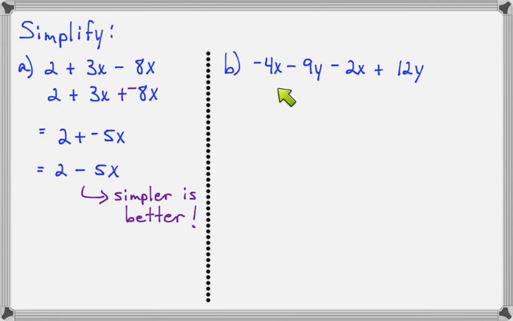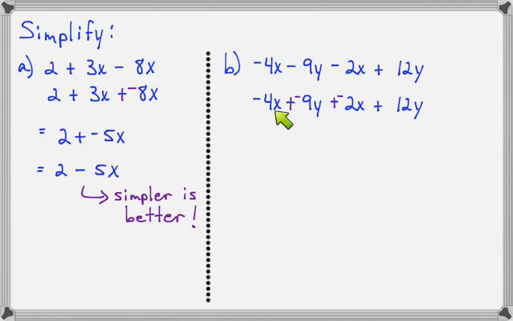And here's another example. Let's look at negative 4x minus 9y minus 2x plus 12y. You notice I used the word minus twice, so this is going to become negative 4x plus negative 9y plus negative 2x plus 12y.